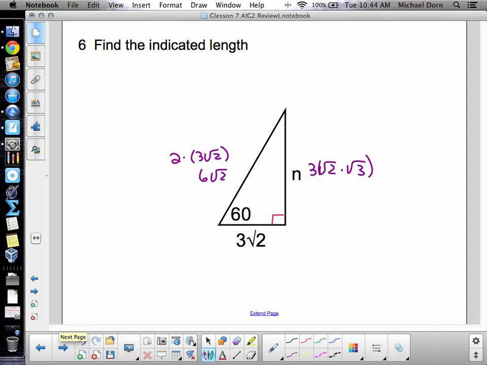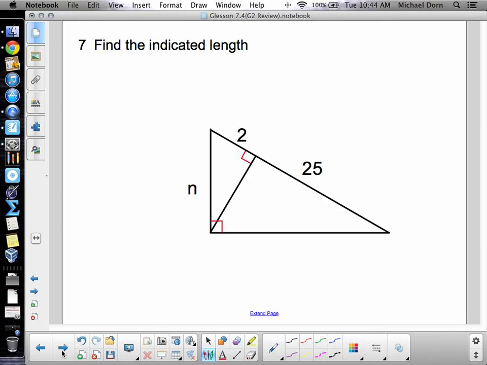And again, we'll just group those two. And it does not simplify. That's that third side. All right? But again, show your work. Don't try to do it all in your head. Doing it in your head, recipe for disaster.